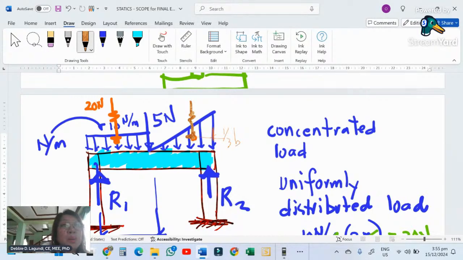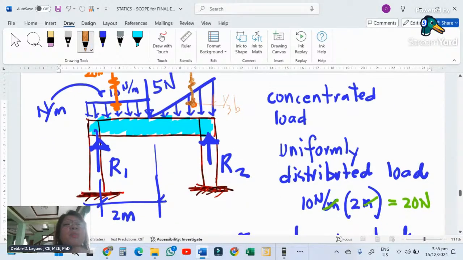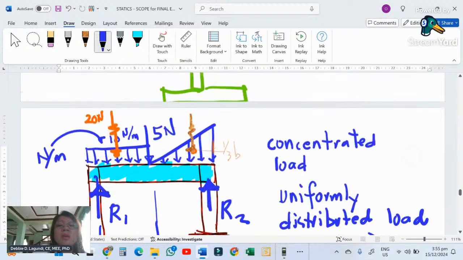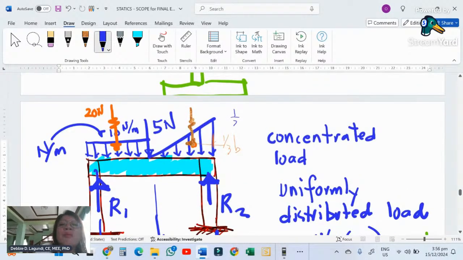The triangular loading will have an area, you can compute for the area, same as the 20 newtons, 10 times 2. We will be using 2 here as our span. So the area will be 1/2 the base, which is 2, and the height, which I did not give you yet, let's say this will be 15 newtons per meter.